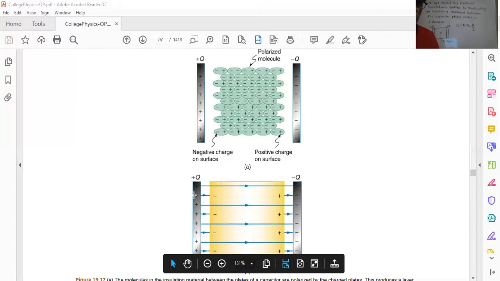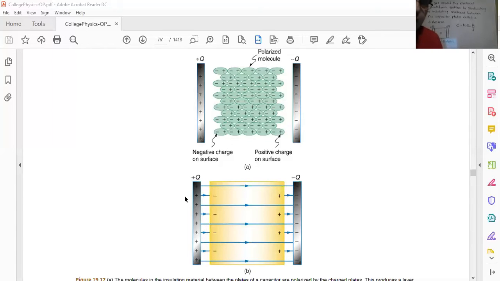Most field lines starting from the positive charge on the positive plate stop short at a negative end of a polar molecule in the dielectric. That creates a larger electric field locally because there's a smaller R. Electric field depends on kQ over R squared, so a smaller R gives you an increased electric field at that location.